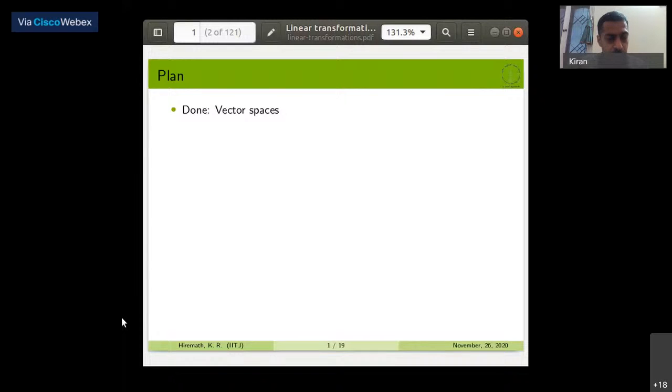Just to recap, the journey starts with a simple set, basically a collection of elements, and there is nothing interesting in that. We define two operations on this set. What are these two operations? Can someone pitch in? What are the two operations that we define on a set which will lead to the notion of a vector space? Addition and scalar multiplication.